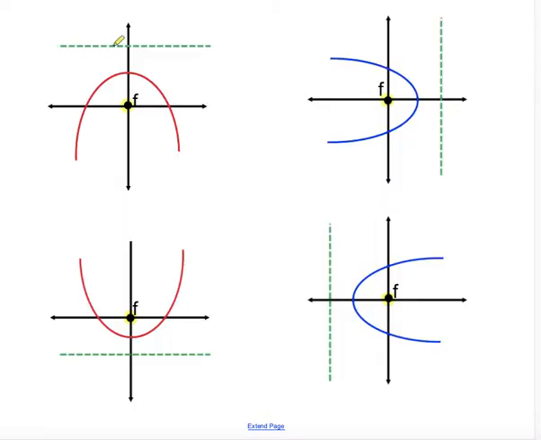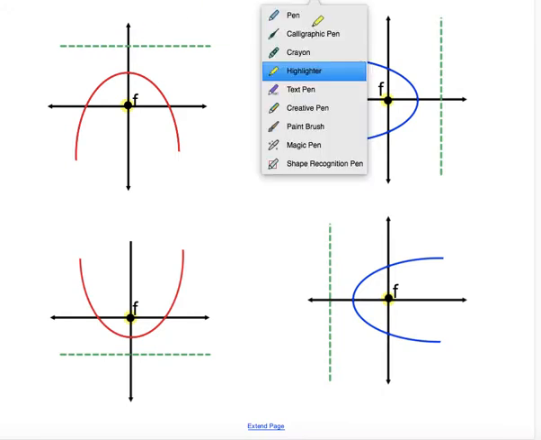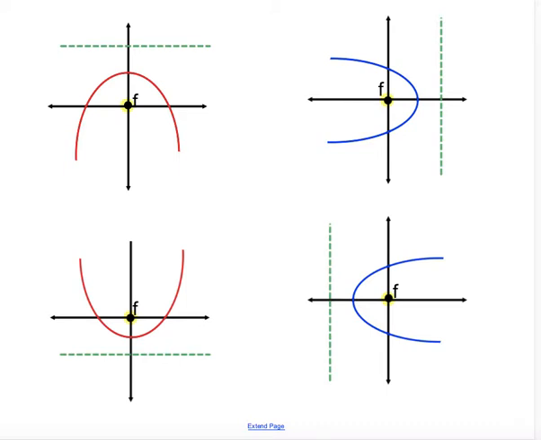So here's an example of a horizontal directrix above the pole. Maybe I'll write that out. Hang on just a second. So, get my pen working.